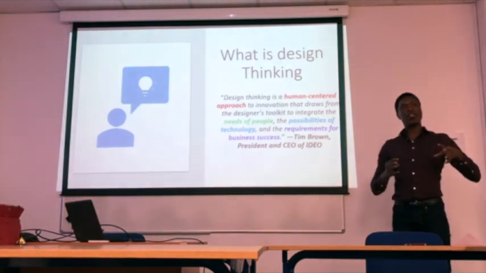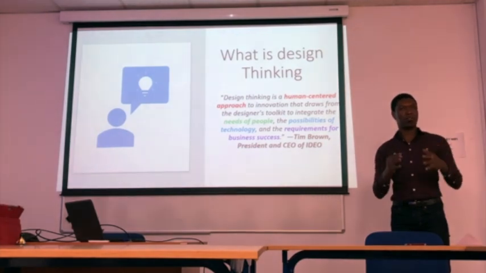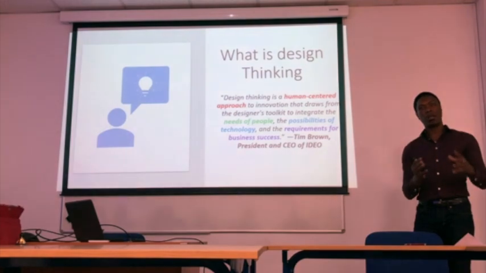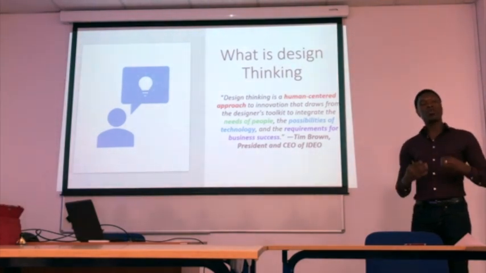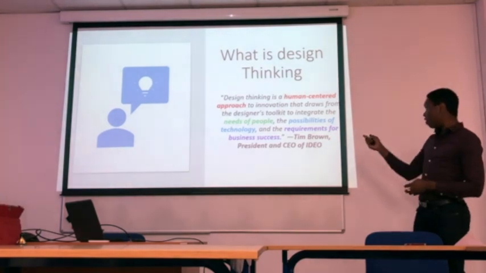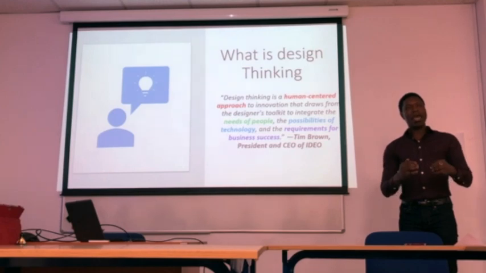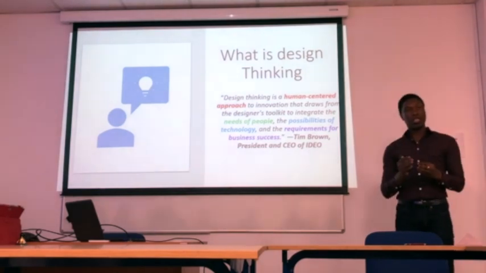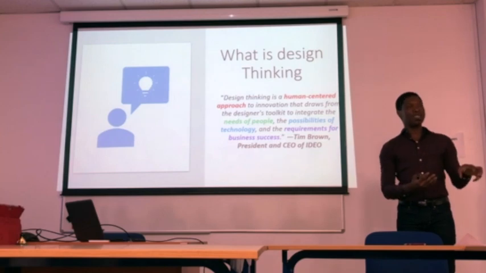We already discussed the human-centric aspect of design thinking, but what is specific about it is that we are combining three main things. We are trying to combine the needs of people: what exactly does the customer need? And we try to see how this need can be combined with the possibility of technology. Do we have technology in place that can be used to fulfill this need?